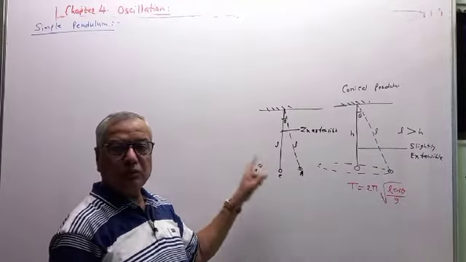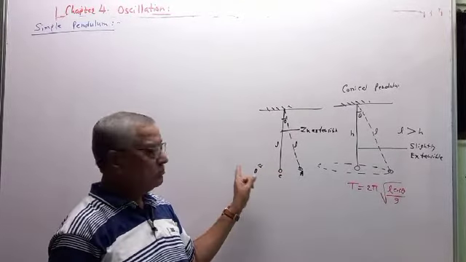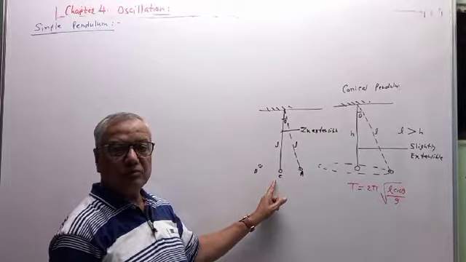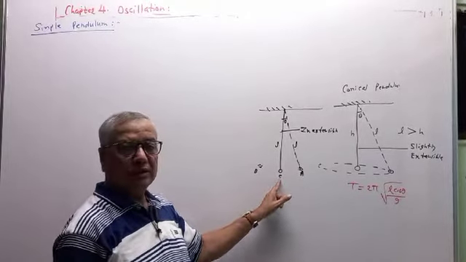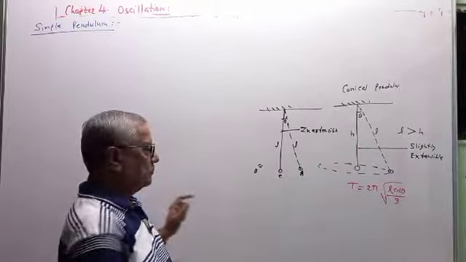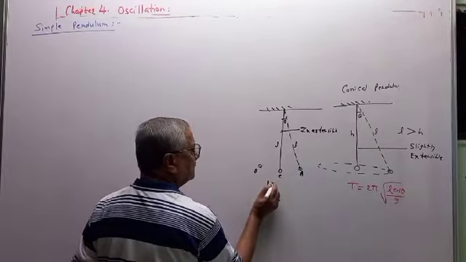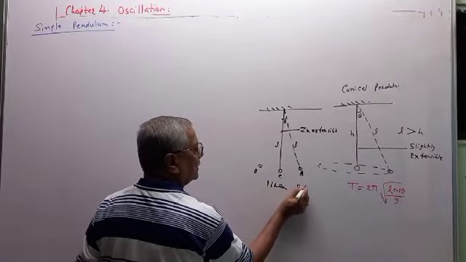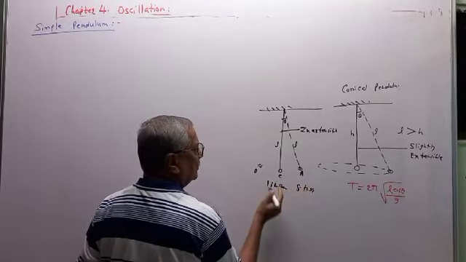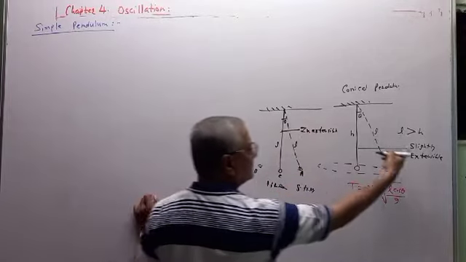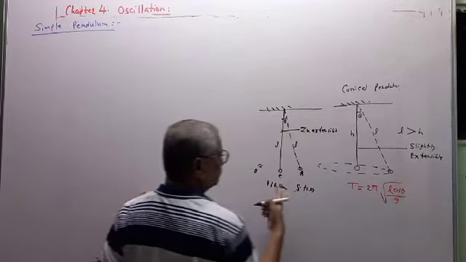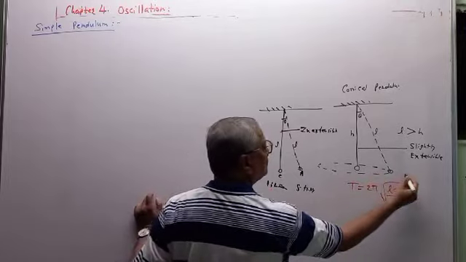So this is the repeated motion along the same path between the two extreme positions about the mean position, about the fixed position. This is the SHM. So the motion is linear SHM, the string is inextensible; in the conical pendulum the string is slightly extensible and the motion is circular.